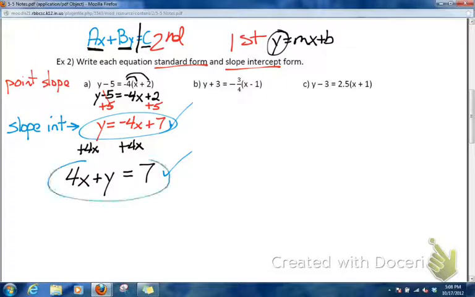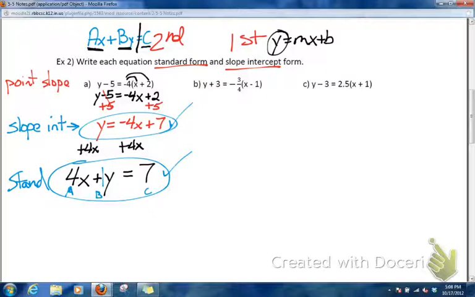So that is our second answer, or the standard form version of it. Here my a is 4, and then obviously my x is x. So you have ax plus b. What is my b? Well, in this case, my b would be 1. So, you know, ax plus by, and my c is 7. And that actually is something I might ask you to identify. What was your a, b, and c in standard form?